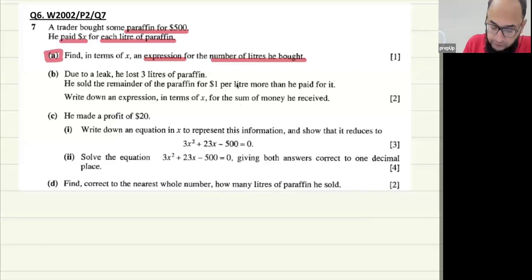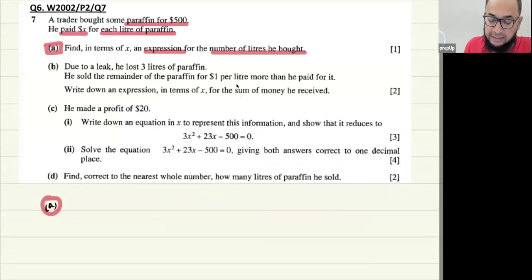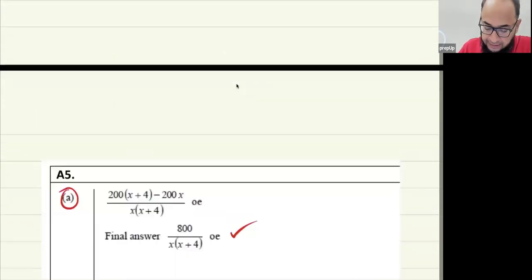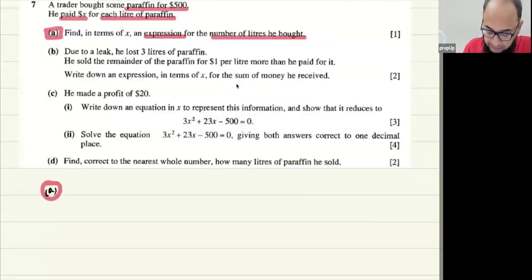So now let me focus on the first part over here. Let me write part A. It says x dollars for each liter. Now in the previous question, it was distance and liters. This is dollars and liters.